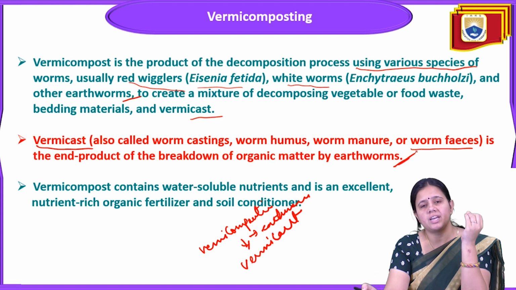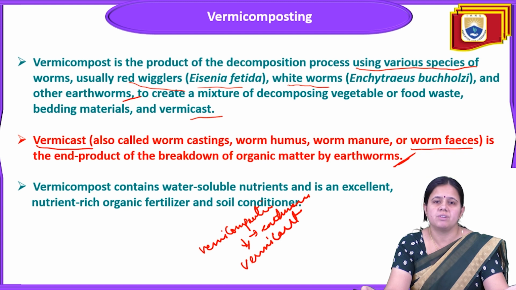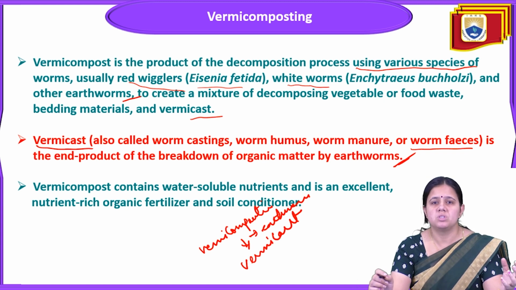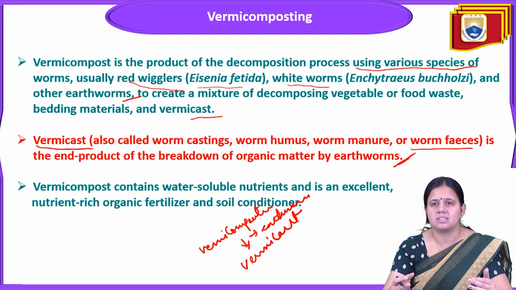All the organic matter present in the solid waste will be broken down by earthworms. That earthworm category is called red wriggler, white worms and some other worms.